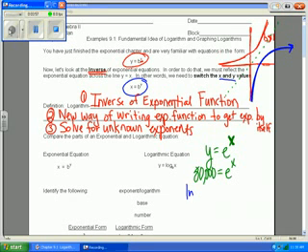Real quickly, what we would do is take the natural log of both sides. That would give us x, so we could just take the natural log of 80,000. That would be the time, and if we were saying days, the rate is in days.